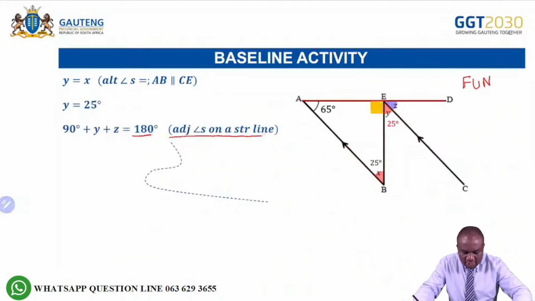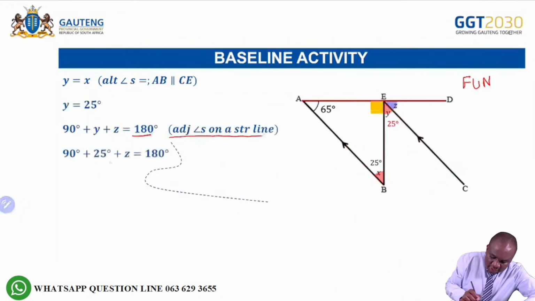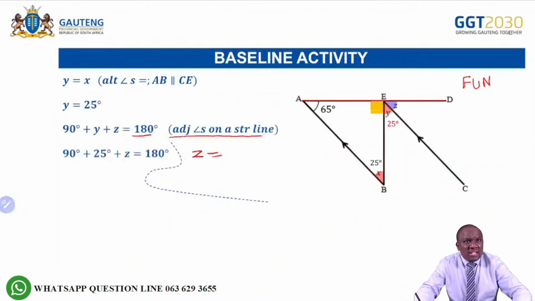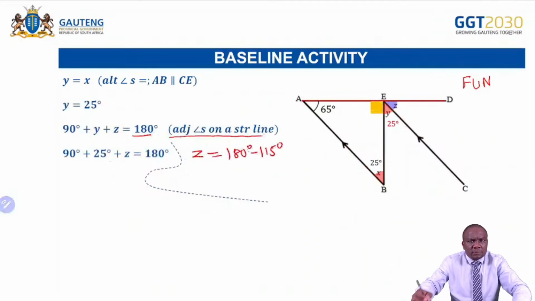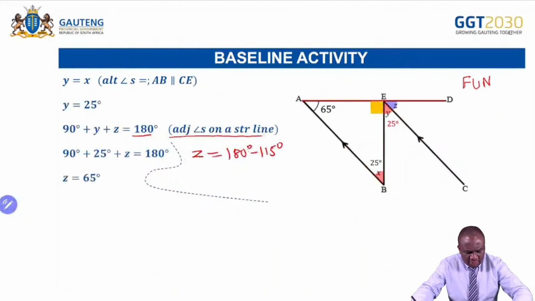Right? And then we have the Y. We can substitute there, and then we can find Z. We transpose. Z is equal to 180 degrees minus, what is 90 plus 25? Should be 115. So it's going to be 180 degrees minus 115 degrees. And then what do you get? It should be 65 degrees, isn't it? Right, 180 minus 115, 65 degrees. So it means Z is 65 degrees.